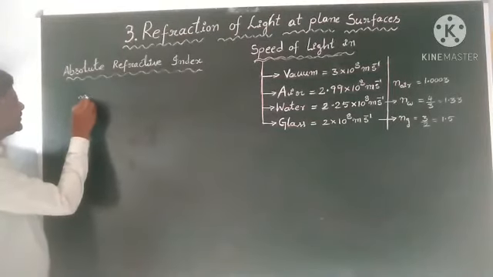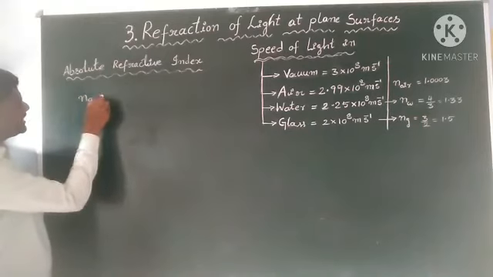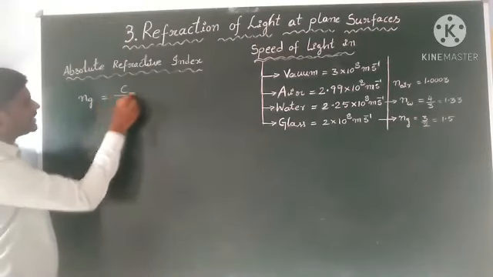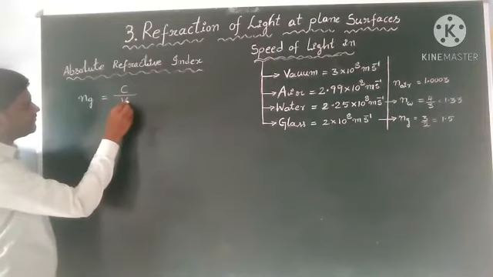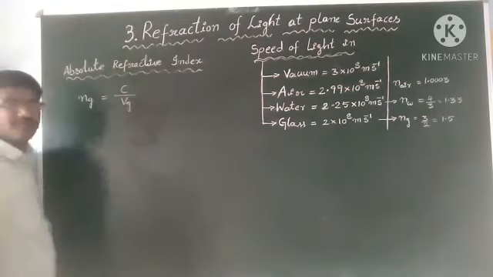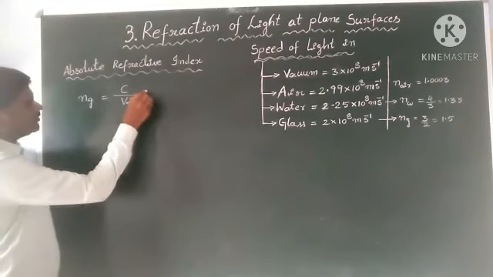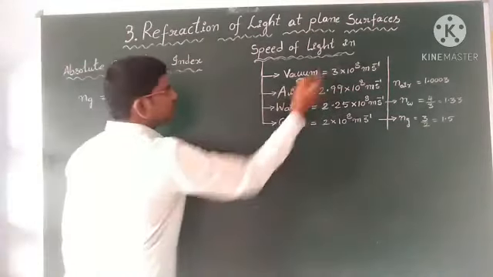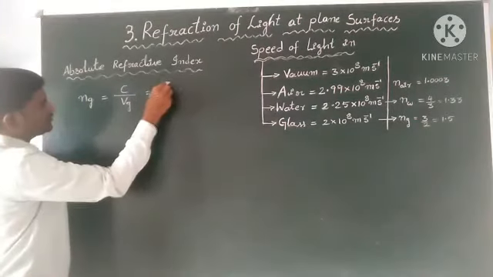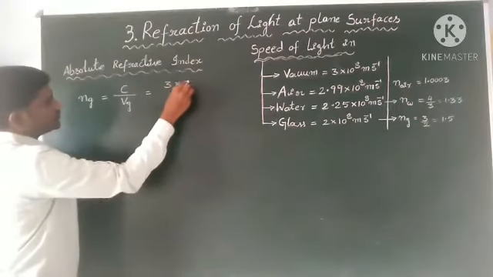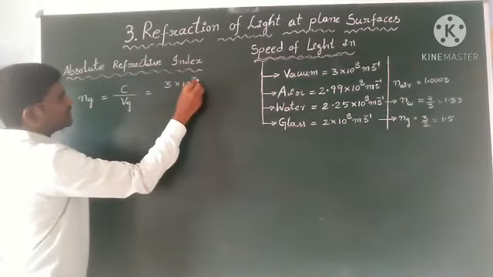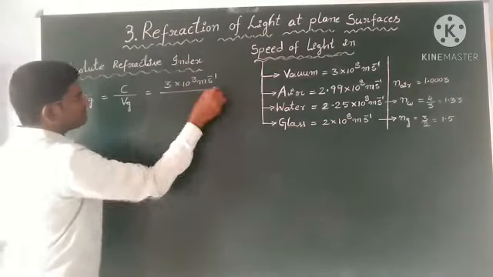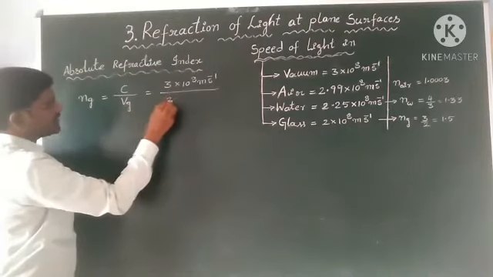The refractive index of glass is equal to the speed of light in vacuum divided by the speed of light in glass.